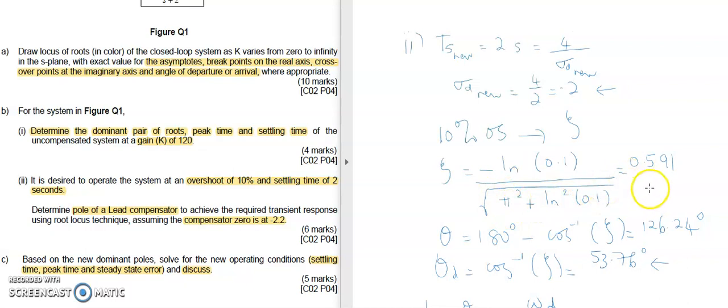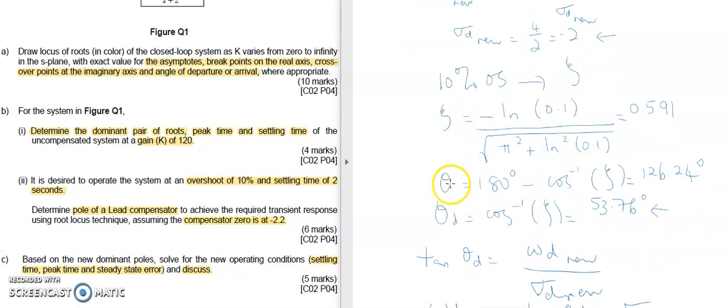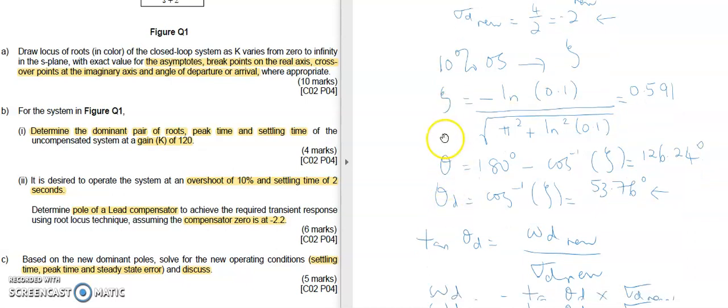From this, you have the value of the damping ratio, and based on this formula, you can determine theta and also theta d. I've already shared the diagram of theta and theta d based on this zeta, the damping ratio.